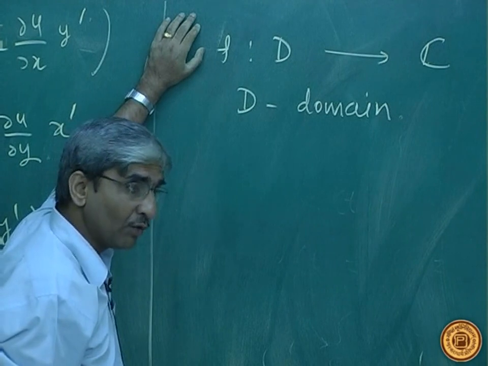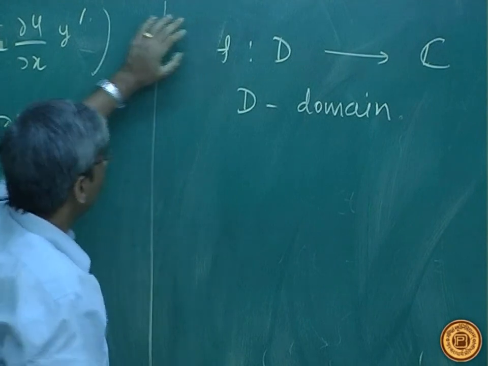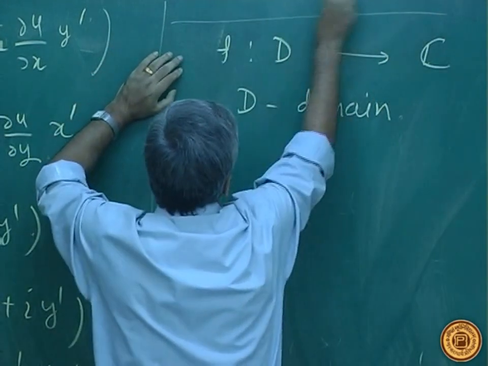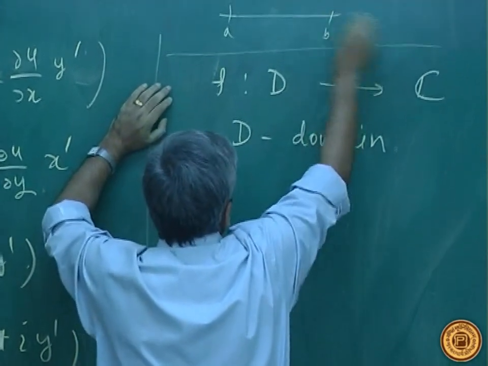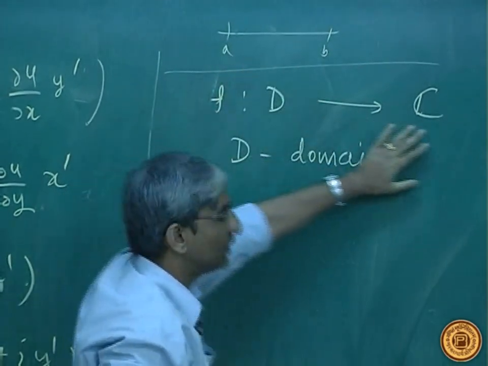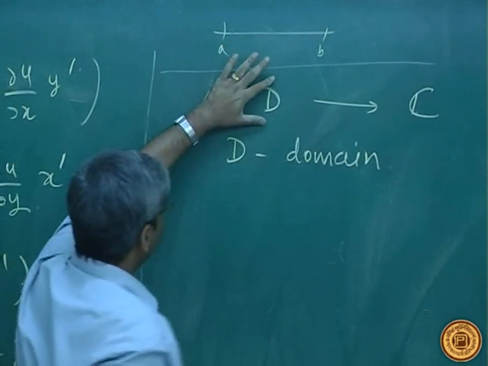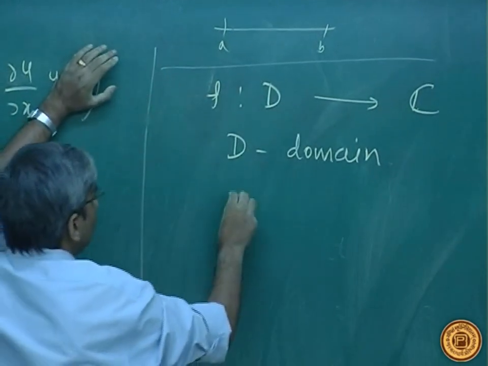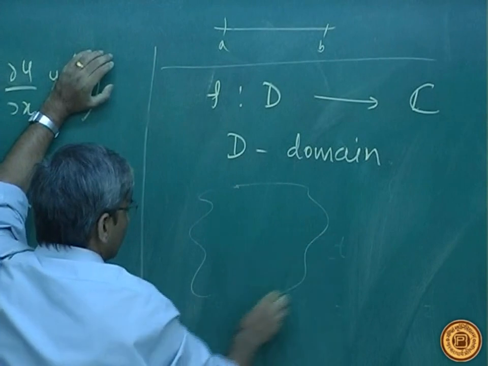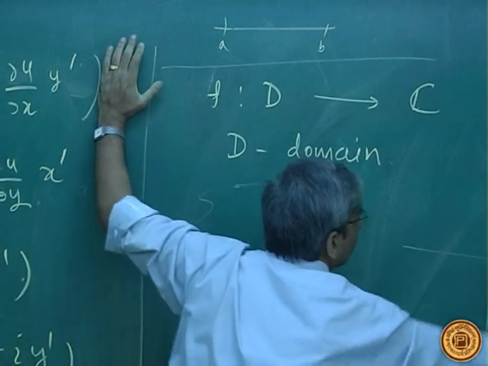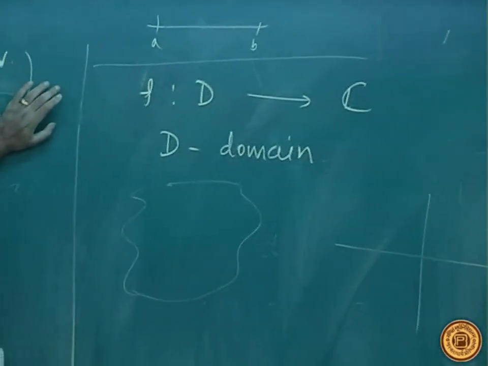Now we integrate on what? Like in case of Riemann integration, we integrate on [a,b], a real function. This is not real, this is a complex valued function defined on domain D. So the domain D will be something like this, suppose. And here you have the complex plane. Now you want to integrate this function.